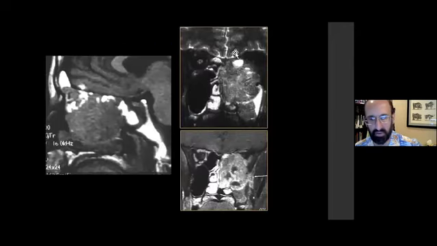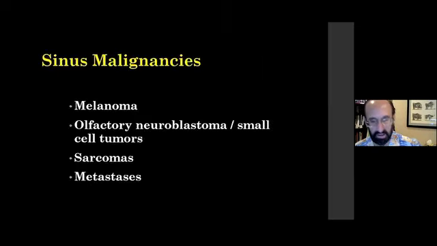It usually erodes things pretty aggressively and is poor prognosis. And then finally, we have the other ones. Again, melanoma is not a large component of the sinus malignancies, but it does have its characteristic signal intensity features. Here's another melanoma and a third melanoma here in the sinonasal cavities.